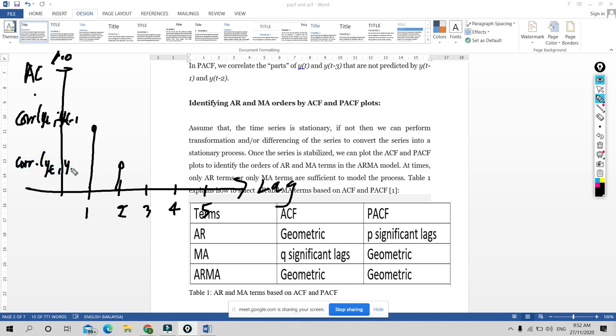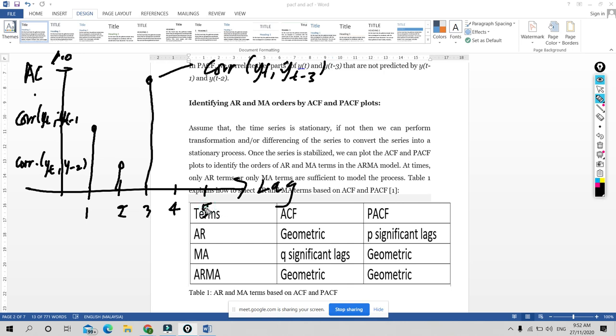So here is lag, and these are the coefficients corresponding to lag 1. Lag 1 means the correlation between Y_t and Y_{t-1}. Lag 2 is correlation between Y_t and Y_{t-2}, and so on and so forth.